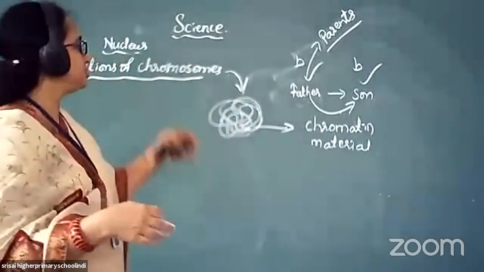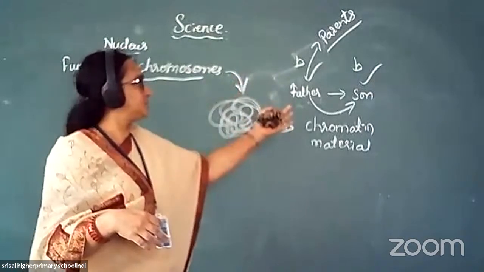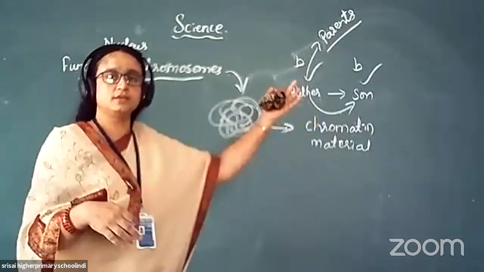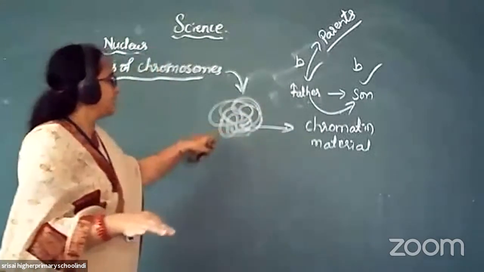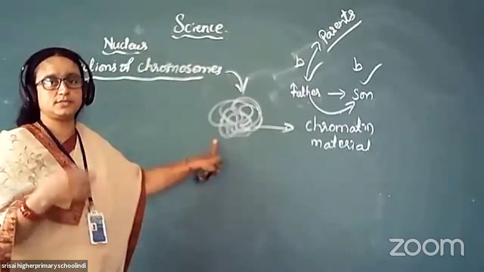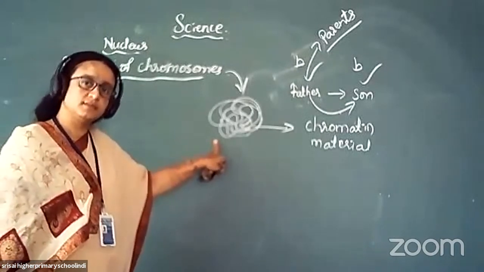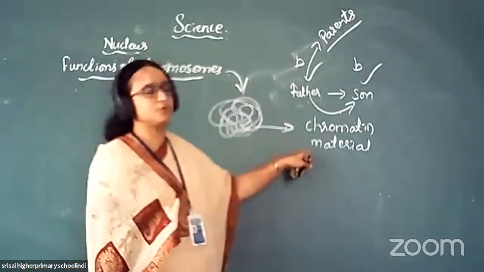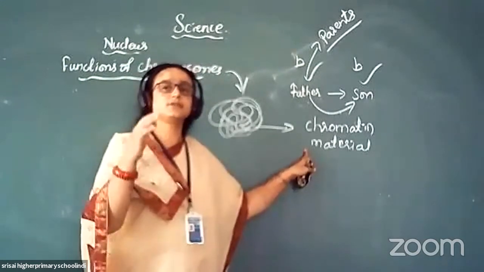At that time, the genes will work there, and the features are going to appear in the children. Understood? And if the cell is not supposed to divide, how does the chromosome appear? In thread-like structure. What is the name of that thread-like structure? Chromatin material.